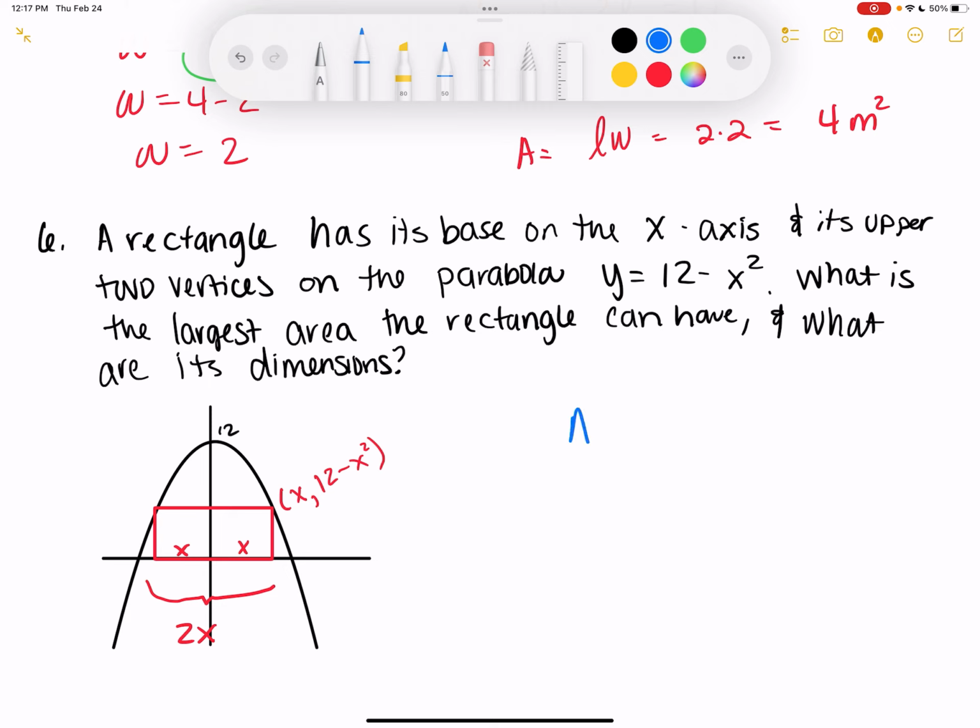We know the area of a rectangle is length times width. Our length is this 2x value, and then our width is from here to here, which is going to be 12 minus x squared.